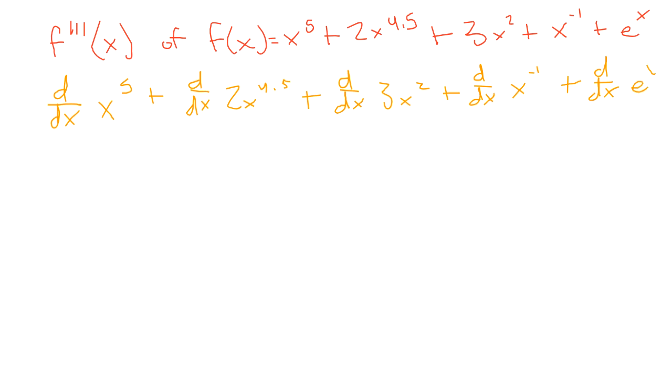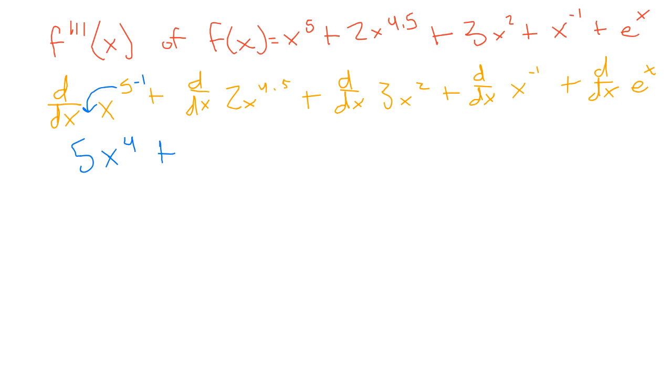Let's move forward a little bit. Rule number 1, we have our power rule. We can pull out that 5 and subtract 1, which gives us 5x to the 4th. All right. Now once again we have our power rule and our constant multiplier rule.